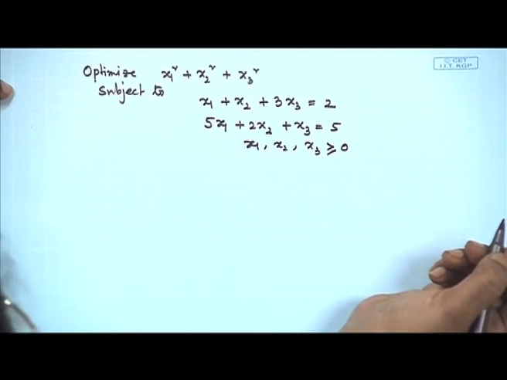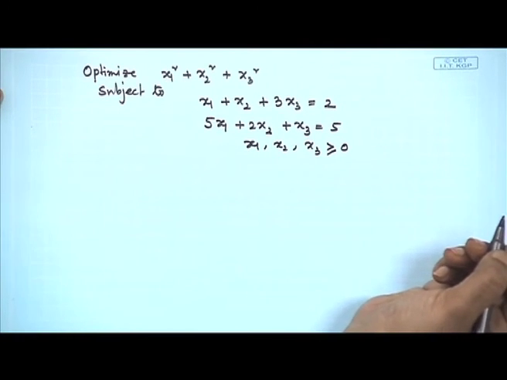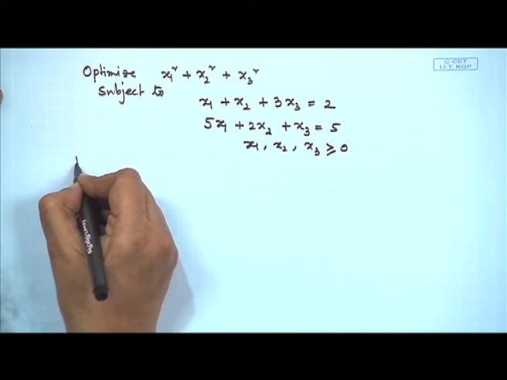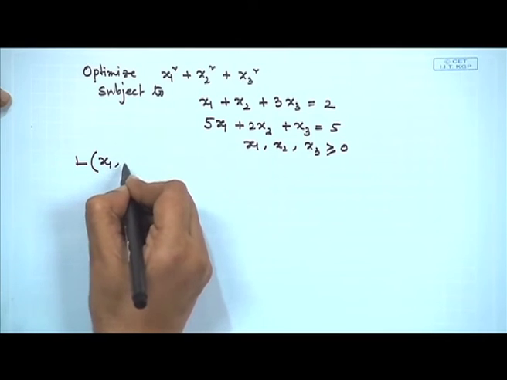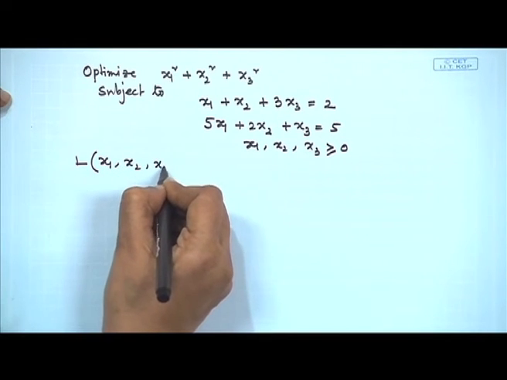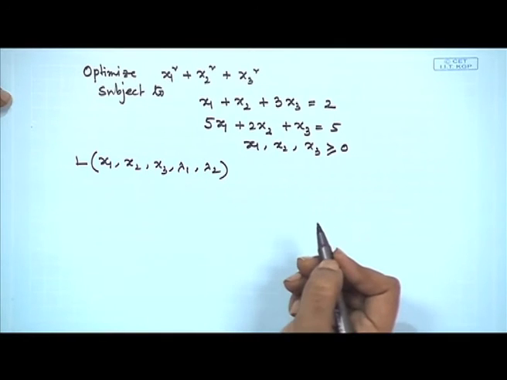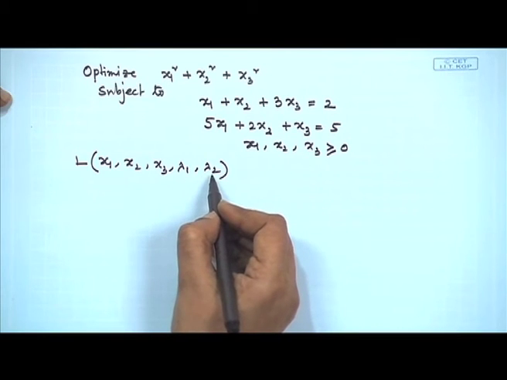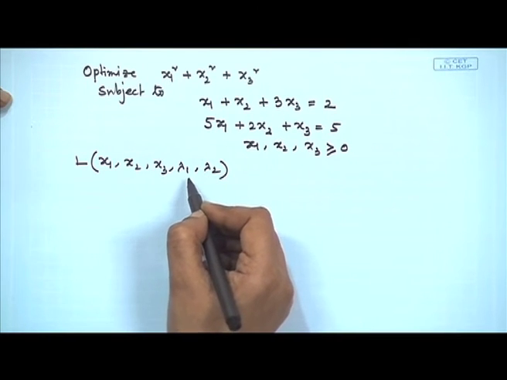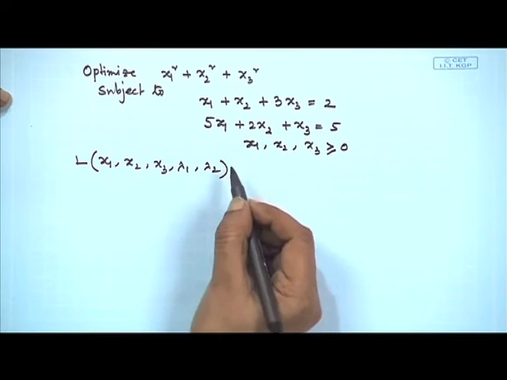Now for solving this problem using the Lagrange multiplier technique, we need to formulate the Lagrange function. The Lagrange function is a function of the decision variables and the Lagrange multipliers as well. We have two Lagrange multipliers here: lambda 1 is attached to the first constraint, lambda 2 is attached to the second constraint.